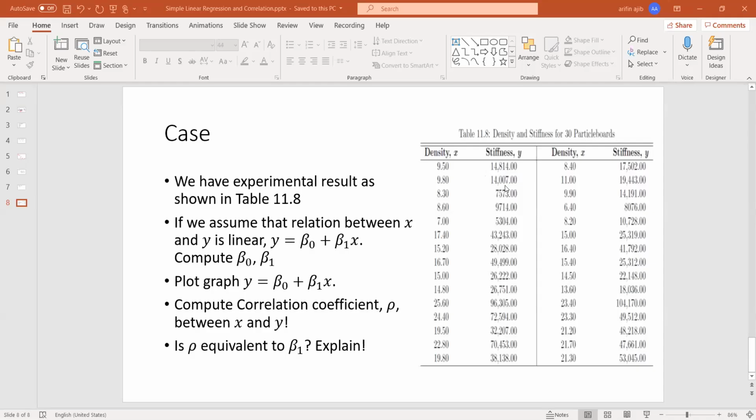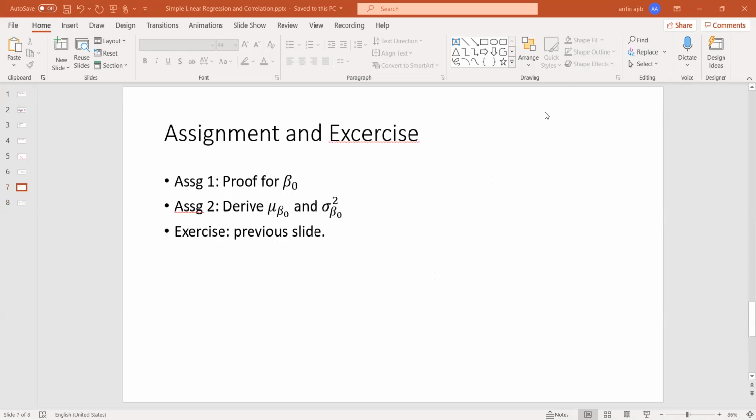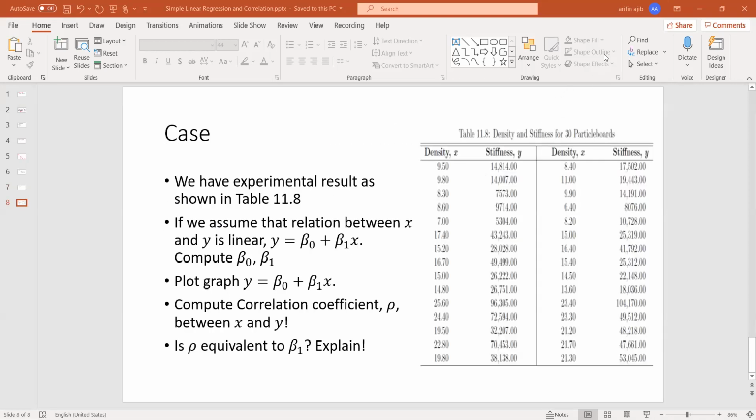We have data, for example this case, which brings you to the topic of correlation between data, in this case correlation between X and Y.